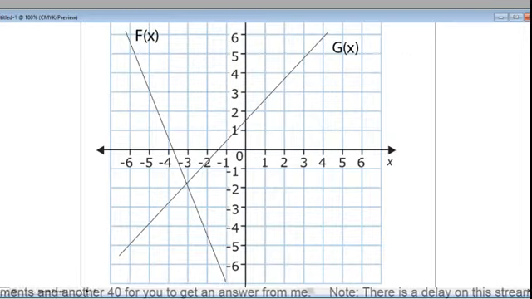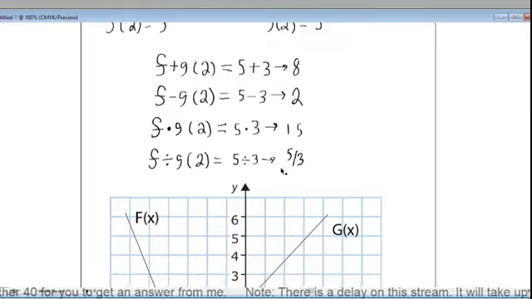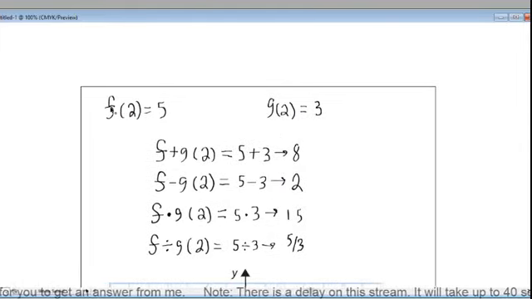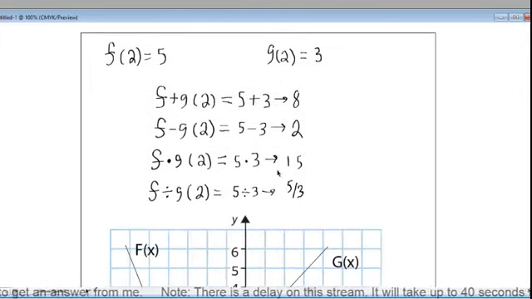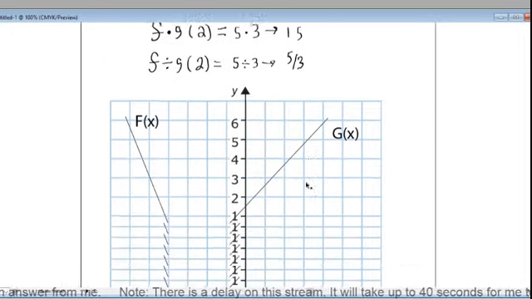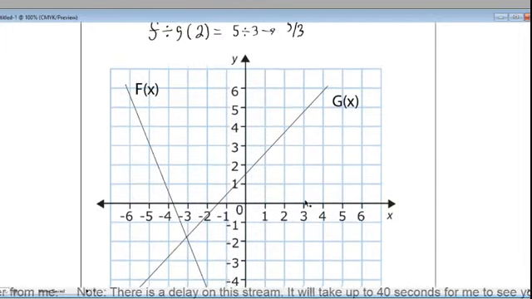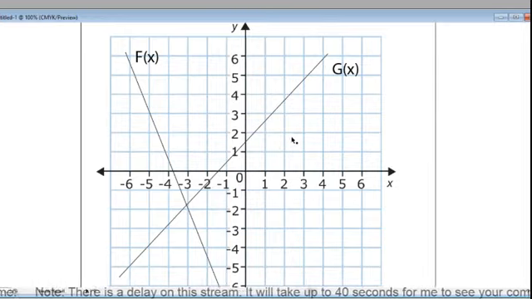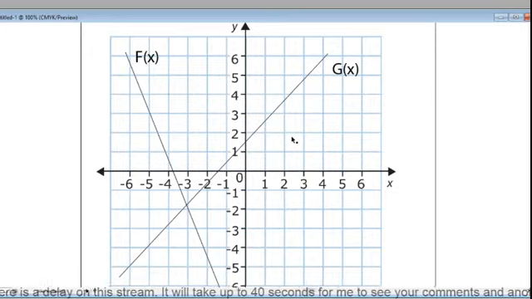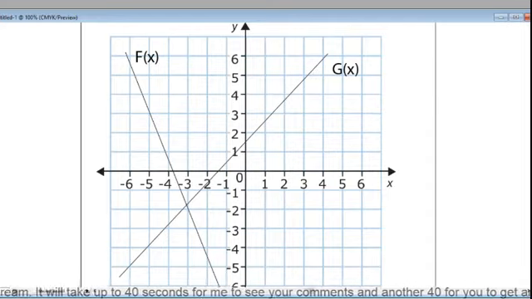Okay, so what if we want to find the same kind of thing like we did here, where we had F of 2 and G of 2. Let's say that we want to get -5.